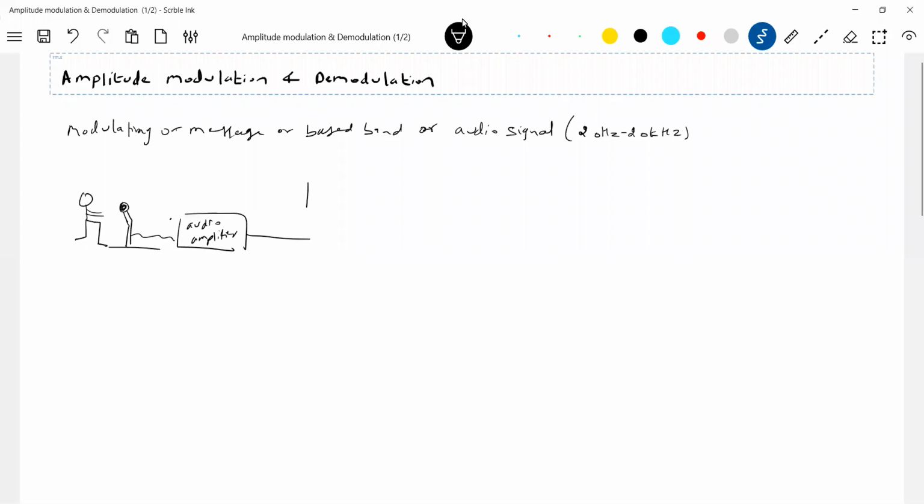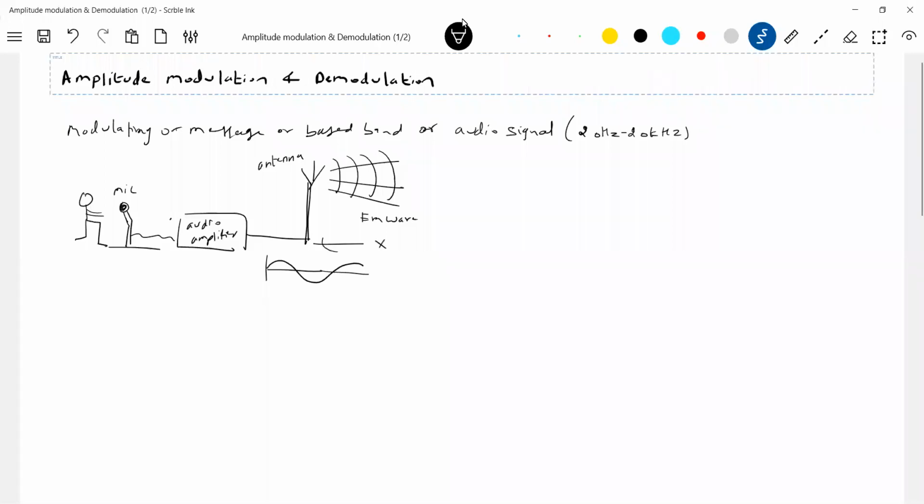Let me give it to the antenna, and it will radiate. So to what distance will the EM wave propagate here? There's an antenna, a person singing and a mic. So here what do we get? We get that audio signal, and this will become an EM wave and propagate here.